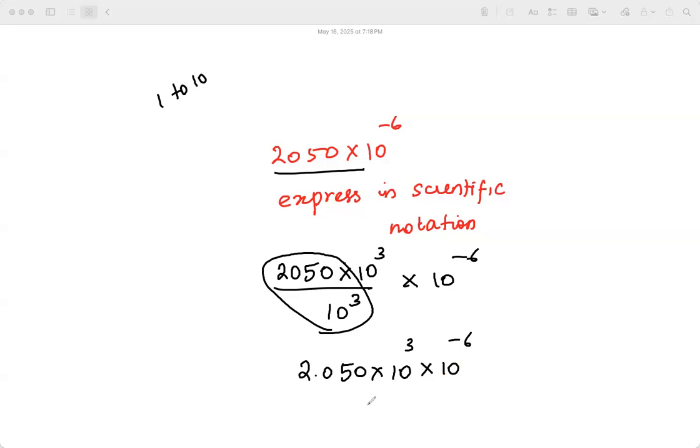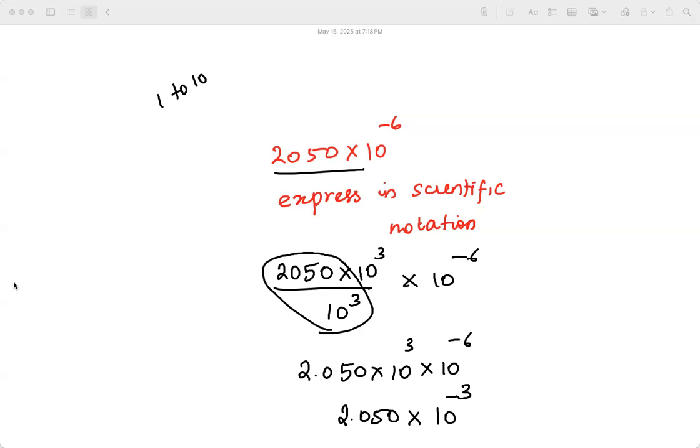You add. 10 to the power of 3 times 10 to the power of negative 6, which becomes 2.050 times 10 to the power of minus 3. Shruti, did you follow? I think so.